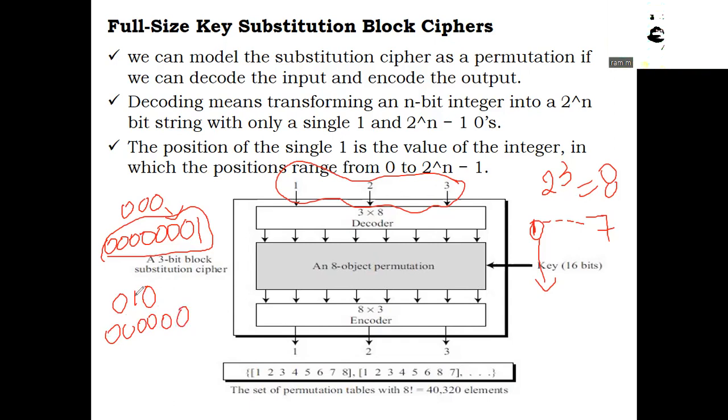It is 2. So I need to make it 2. If you count from here, 0, 1, 2, so I should make this position 1 and the rest 0. This is how I'm representing the value of 2. If I take it as 101, what is 101?